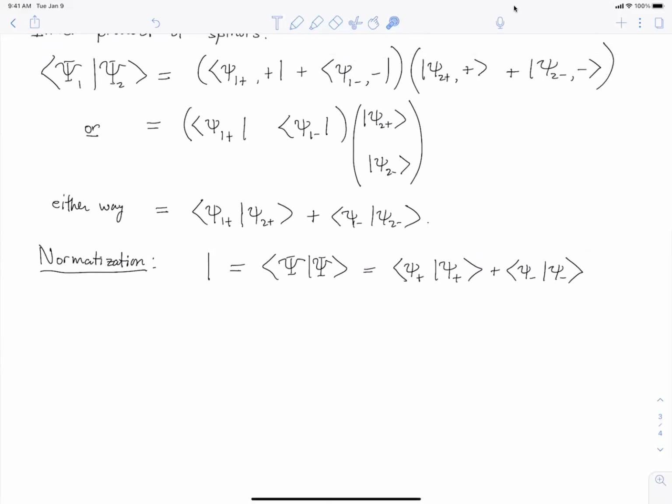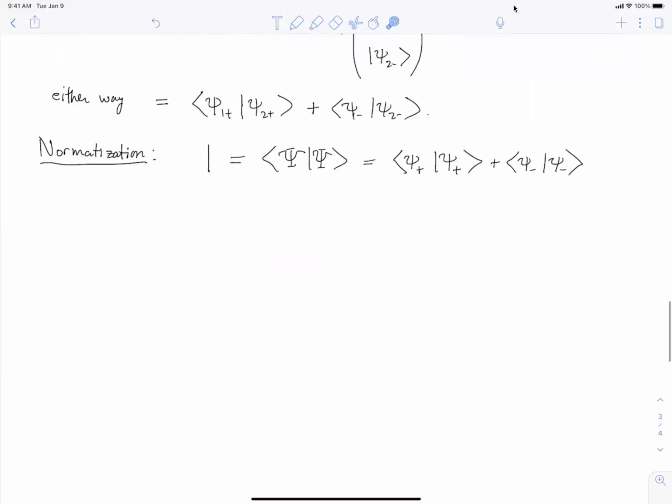Okay, now, so far we've written the non-spin part still as a ket, but now you can go ahead and turn that into a wave function also. So now we have two component wave functions for the electron. And I'm going to do this in spherical coordinates.